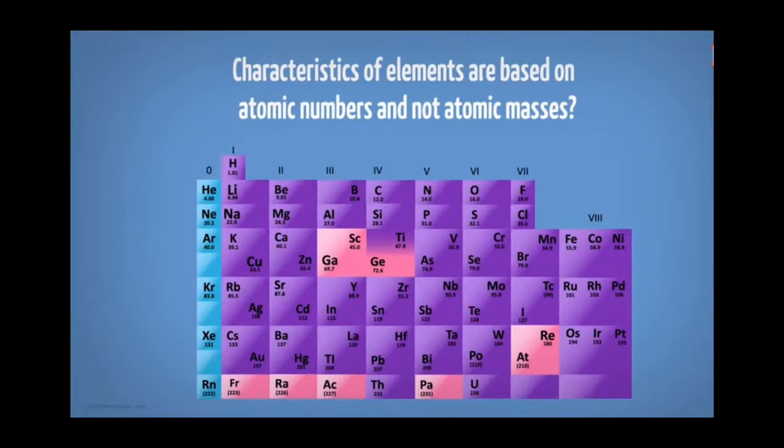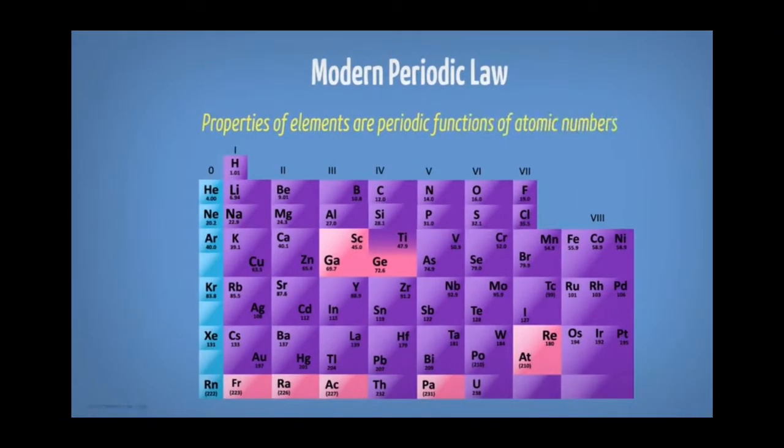Henry Moseley thought that the characteristics of elements are based on their atomic numbers and not on their atomic masses. With this concept, there emerged a new law for studying the periodicity of elements. It was called the modern periodic law.